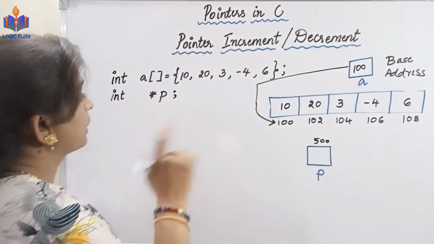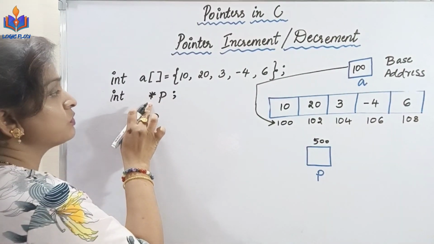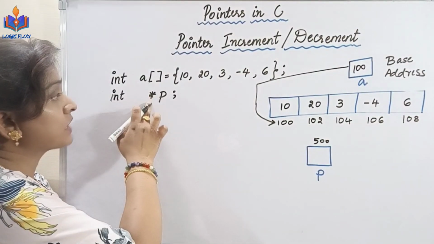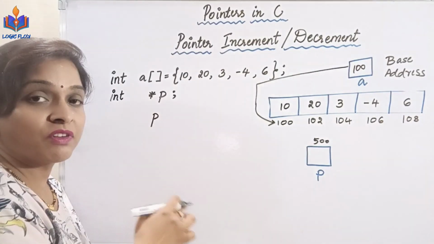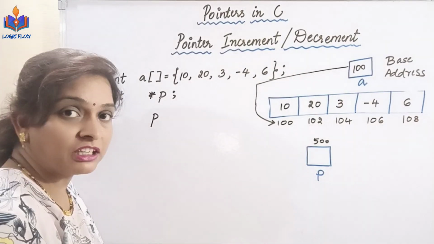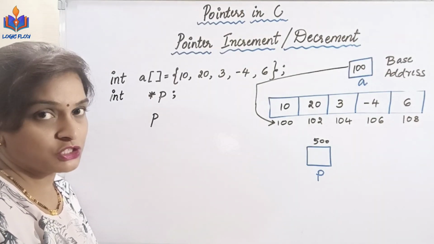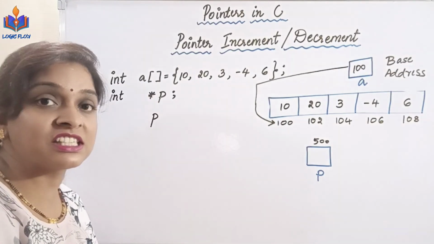Here when I use the asterisk, I have told you in the previous videos also, when I use the asterisk symbol in the declaration, it is treated as a pointer variable.